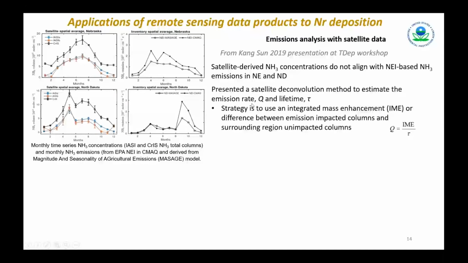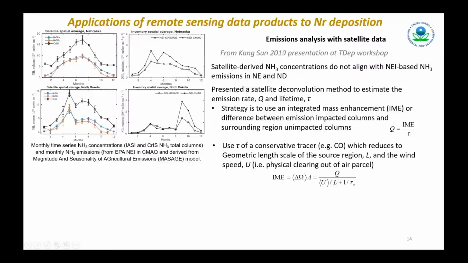And so what he had presented on was basically a deconvolution method, where he's finding an integrated mass enhancement. So using the emission-impacted vertical columns data, and then subtracting the surrounding region of the unimpacted columns to get a signal minus background signal, this IME, and relating that to emission rates and lifetime of the pollutant.